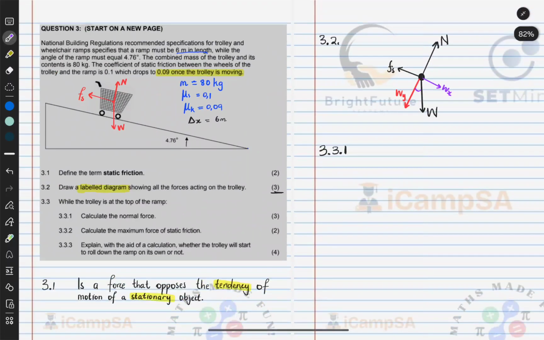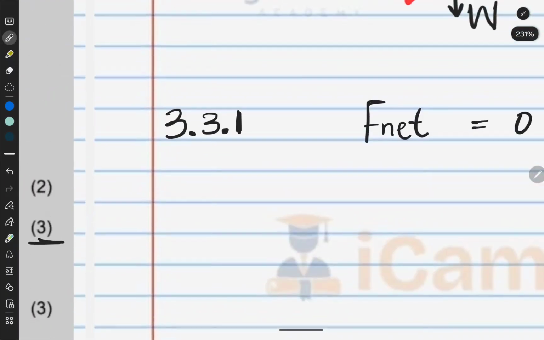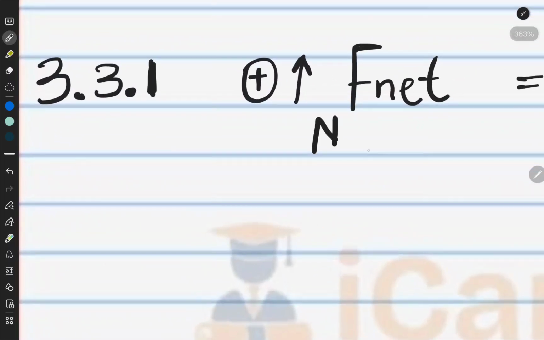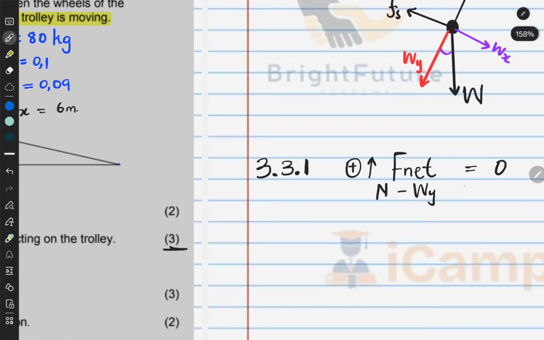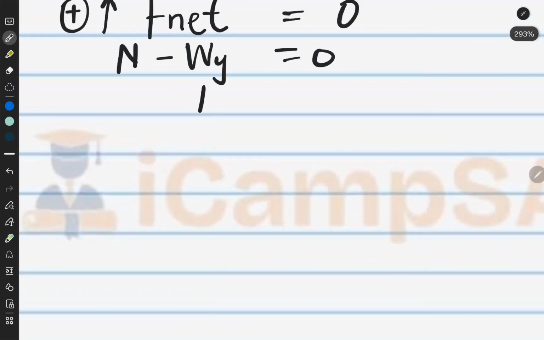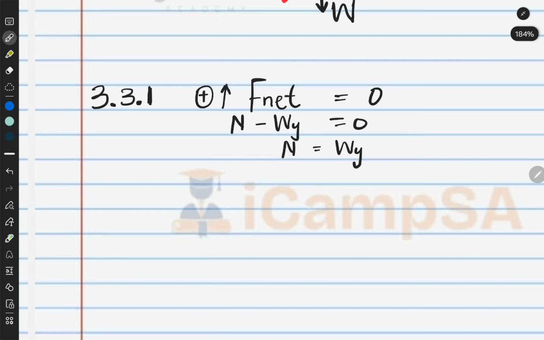So in the perpendicular direction, if we take a sum of our forces and say F net is equal to naught, and we take the direction of n as positive, which makes our job simple, we'll have n minus weight perpendicular is equal to naught. If we make n the subject, n should be weight perpendicular, or the y component of weight.